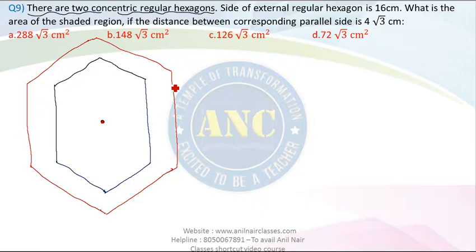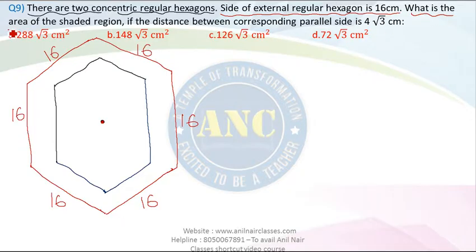Okay, excellent. These are the two regular hexagons. The diagram is given in the question actually, but I deleted it because I thought I will write it. Read the next statement. Side of the external regular hexagon is 16 centimeter. That means all the 6 sides of this external, brown color regular hexagon, are 16 centimeter.